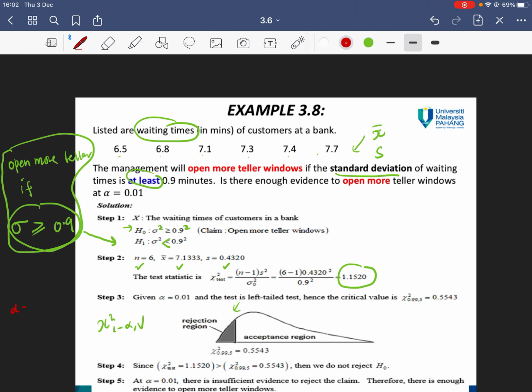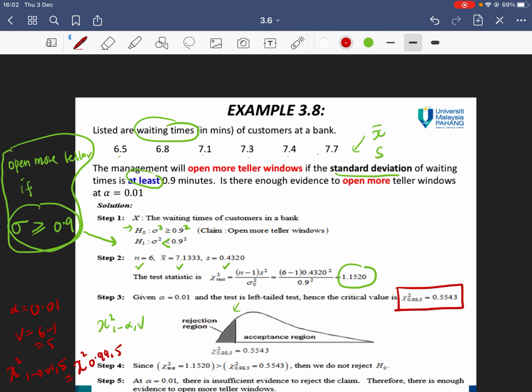Our alpha is 0.01, nu is n minus 1, 6 minus 1 is 5. So 1 minus 0.01, you will get chi-square 0.99, nu is 5. So look at your stat table.